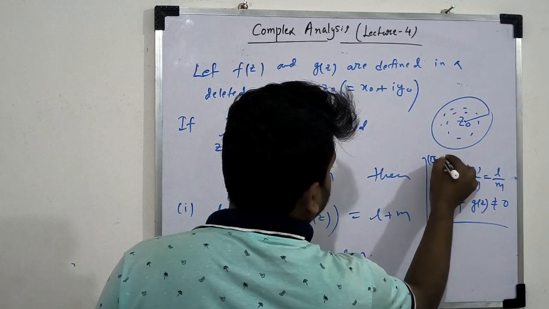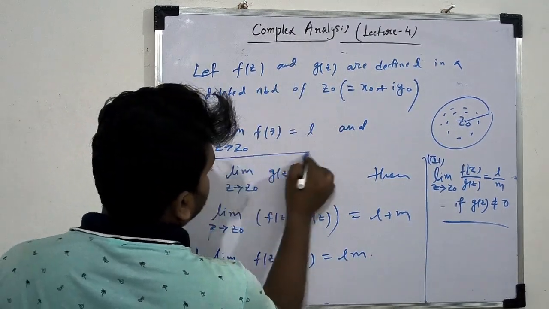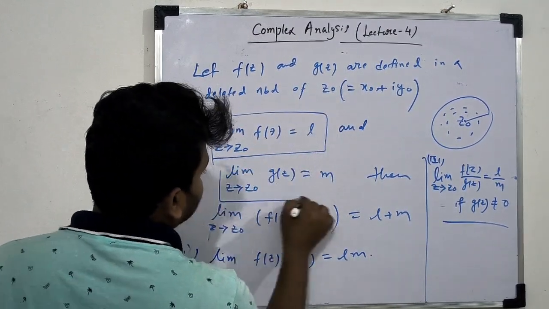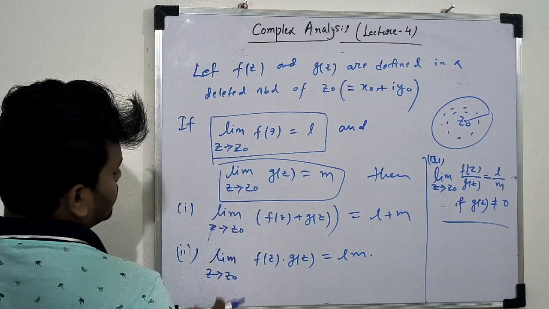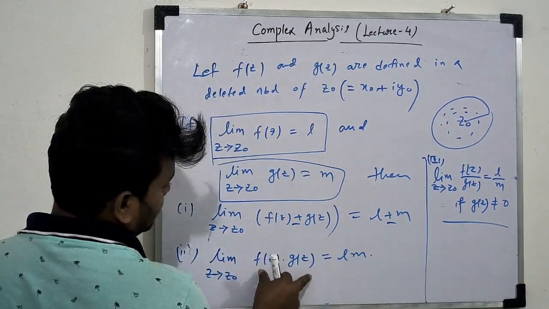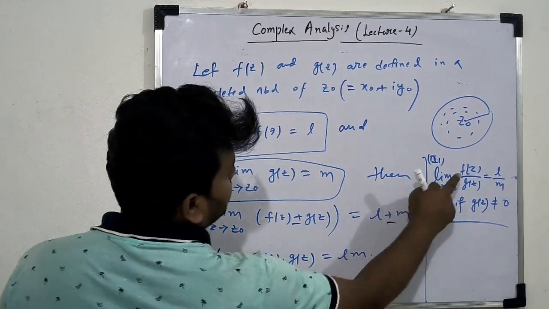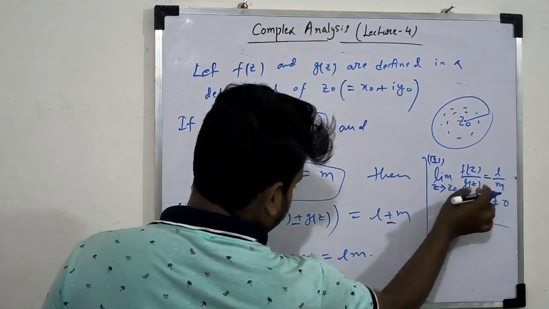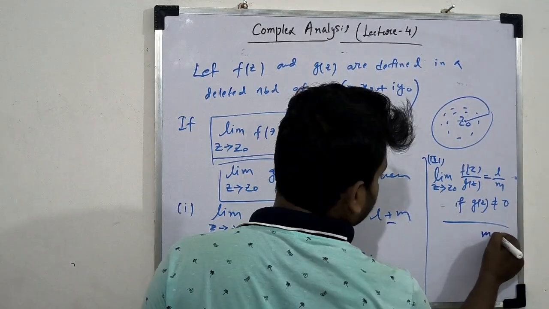These are three important results. So if individually f(z) goes to L, g(z) goes to M and z goes to z0, then the sum goes to this sum, minus goes to minus, multiplication goes to multiplication, and division goes to L by M if g(z) is not equal to 0, that is M not equal to 0.